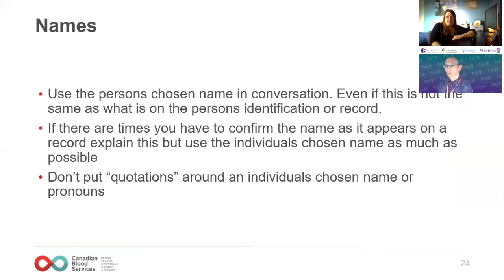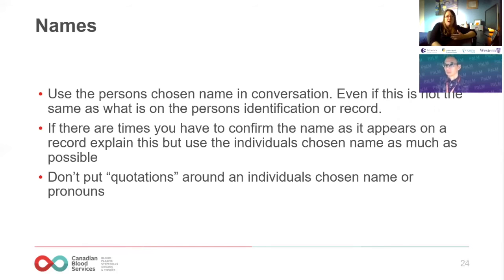Also, just like for everyone else, trans individuals' names are an important part of their identity. It's important in interactions with trans individuals to use the person's chosen name in conversation, even if it's not the same name that appears on their identification or in their health records.